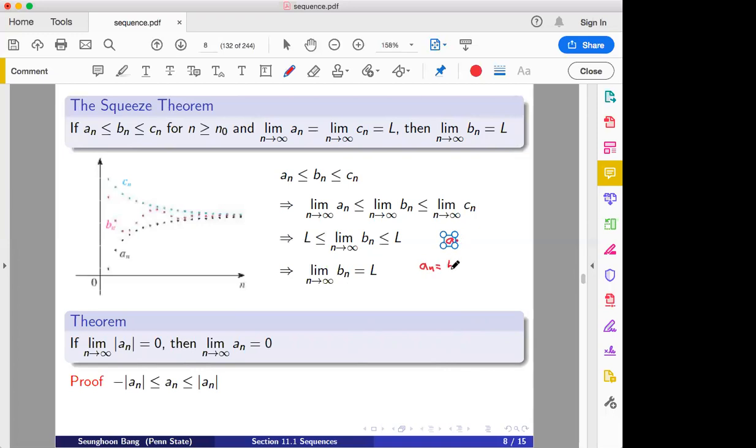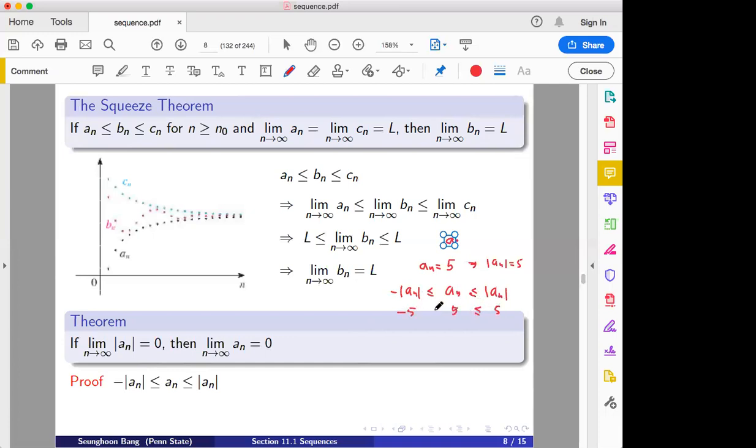One example: An equals a positive number, like 5. In this case, the absolute value of An is also 5. So An is exactly between minus the absolute value of An and the absolute value of An, because An is 5, minus is minus 5, and the absolute value of An is 5.